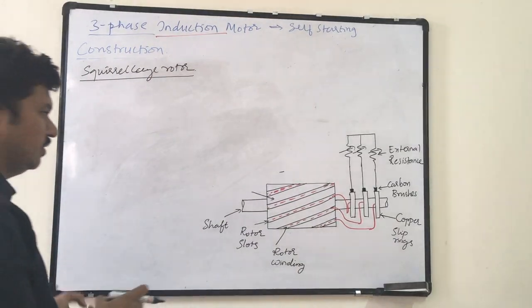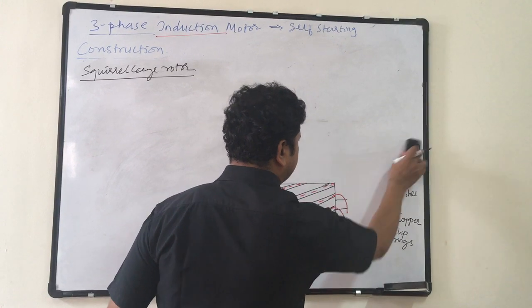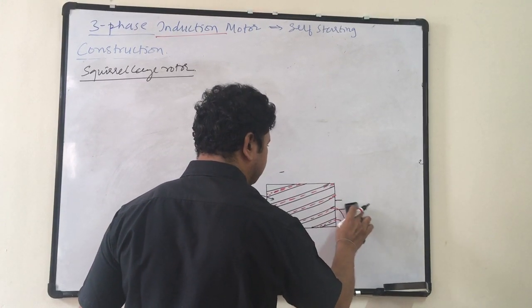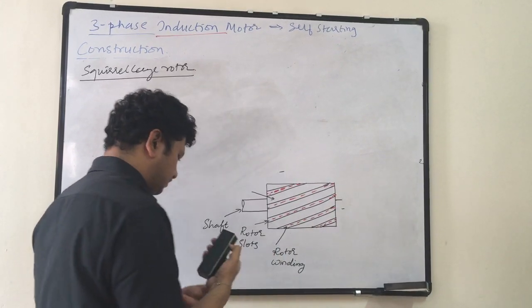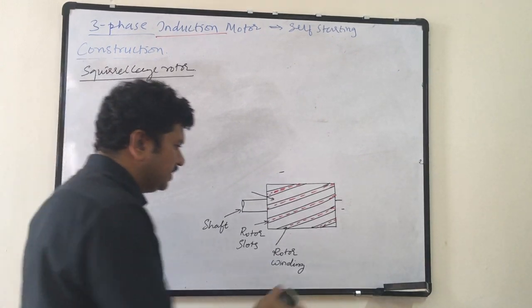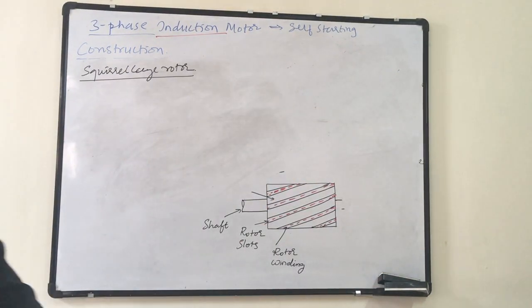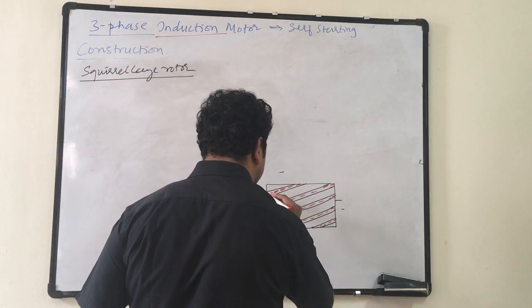So in squirrel cage rotor, we will not be having this slip ring arrangement. This additional arrangement we don't have. Instead of using the winding in the rotors, in squirrel cage motor we use thick copper bars.